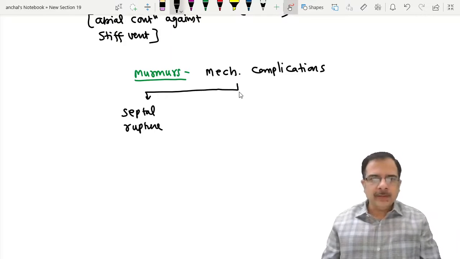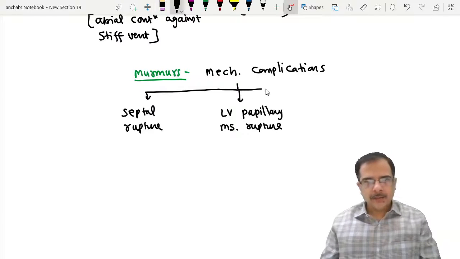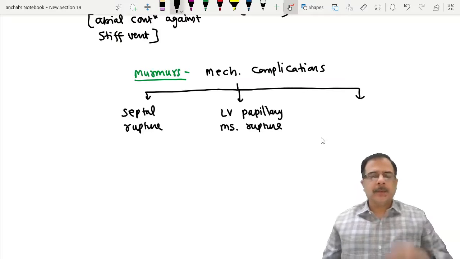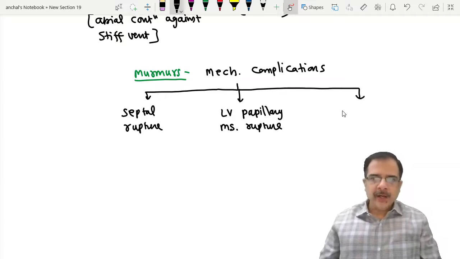It could be a left ventricle papillary muscle rupture, or it could be a right ventricle papillary muscle rupture.